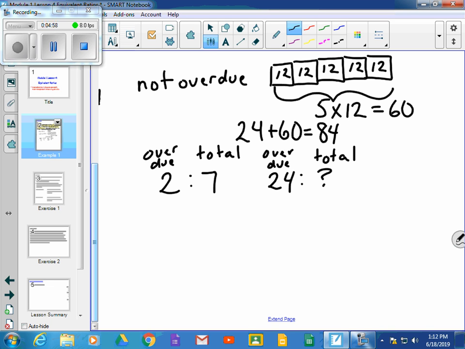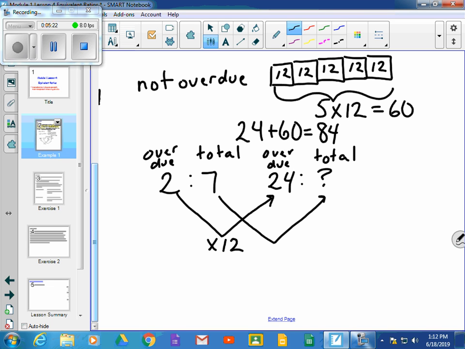Equivalent ratios are equivalent when you can multiply the first number by a certain amount and multiply the second number by the same amount to get a new ratio. So I guess what I'm saying is, if we take 2 times 12, we get 24.